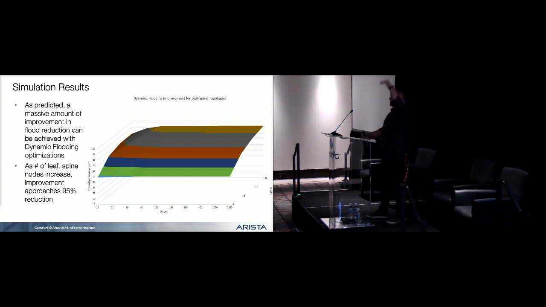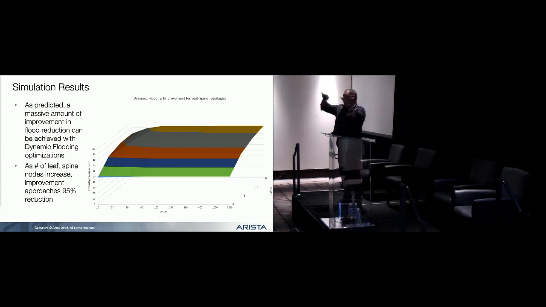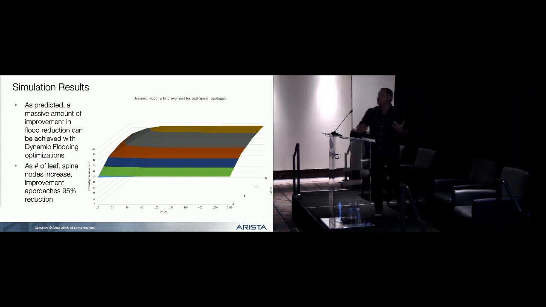And on the z-axis, the vertical axis, we have the percentage improvement, which is the reduction in flooding. And as you can tell, the further up and right you go, or the denser the network is, the more leaves and spines, the greater the improvement, to the point where we get over 90% improvement in most cases. That's the brown region in this three-dimensional surface graph.